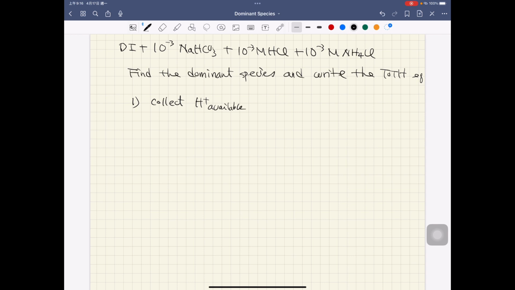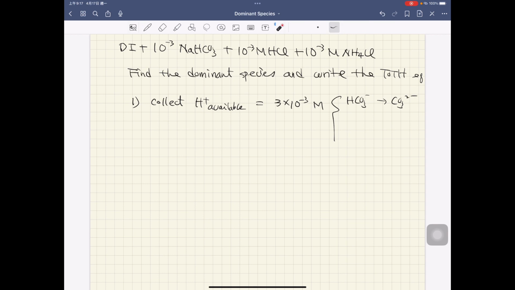How much H plus is available right now? Whatever H plus you have, I want to collect it. So if you look at this, how much H plus can I have? 3 times 10 to minus 3, right? One comes from HCO3 minus going to CO3 2 minus.